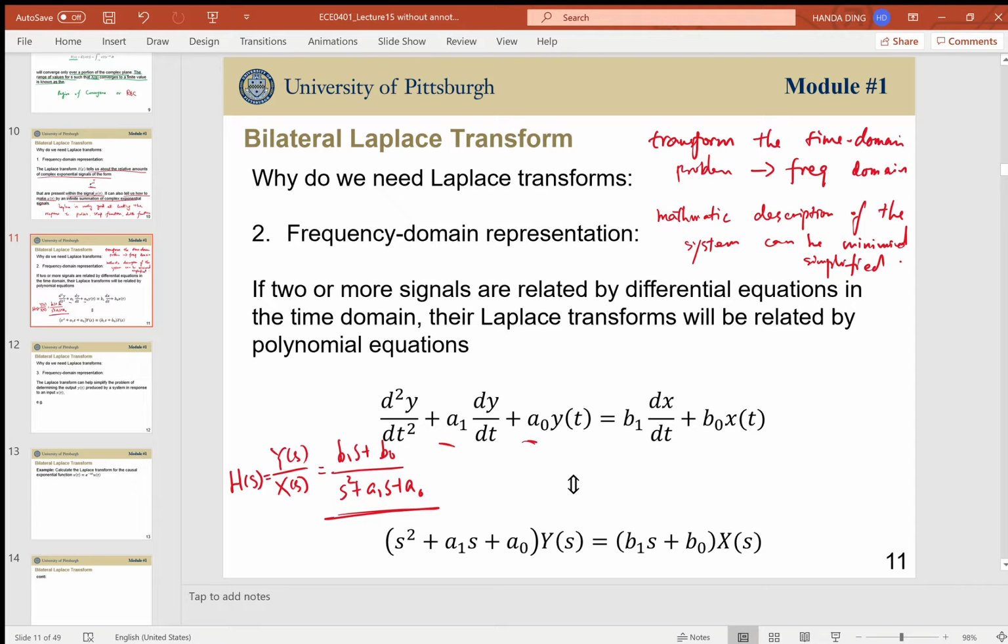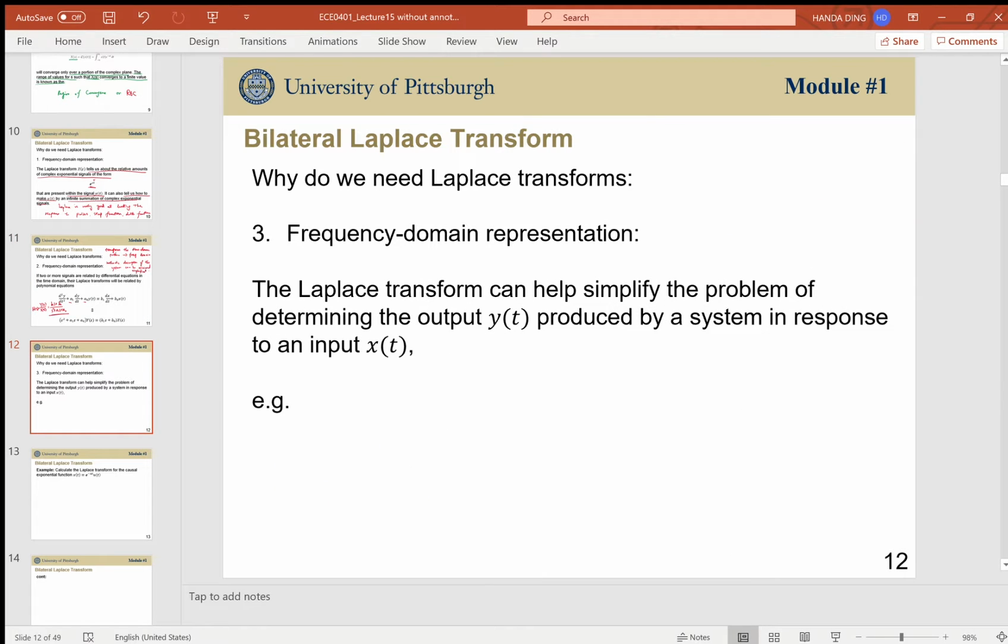And you can see the whole picture of the system. And the next one would be the frequency domain representation. So the Laplace transform can really simplify the problem of your output in response to your input. So for example, we use that a lot for the output voltage of an RLC circuit, right?